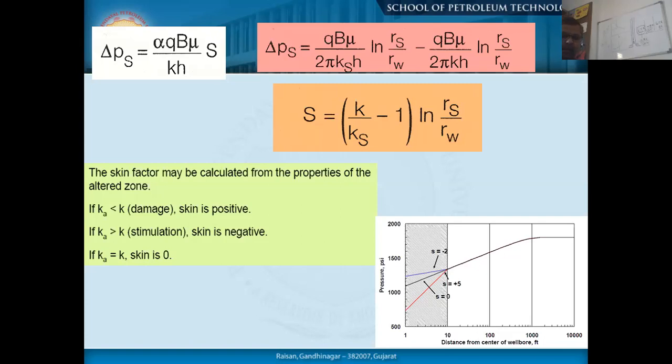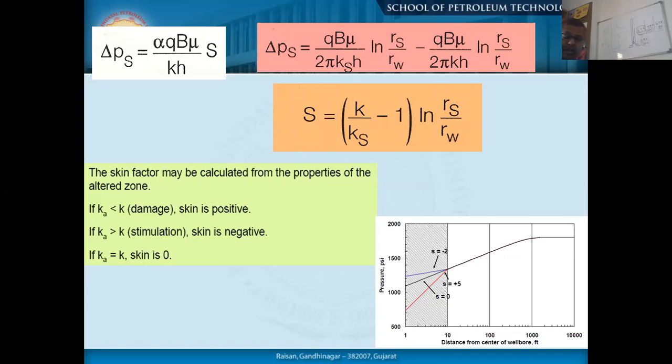And if you go to the red line, what is the meaning of it? That means the pressure drop due to this near wellbore area is more than what is expected. So you have more skin, that means less permeability compared to the existing area of the reservoir. And if you go to the blue line where you can see S denoted here as -2, that means we have a permeability increase in this area.